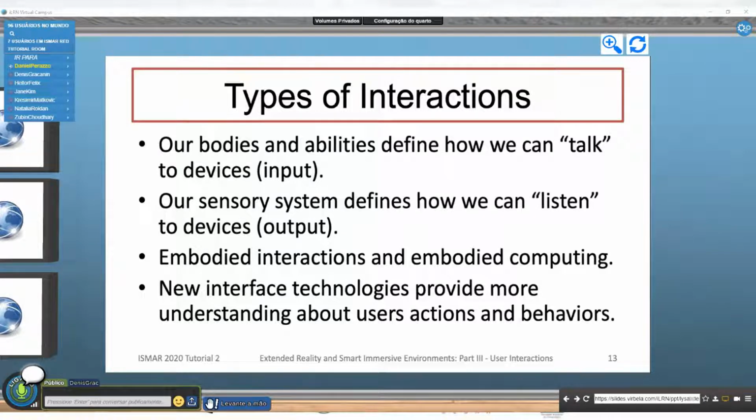That then leads to embodied interactions, and from that perspective, embodied computing. With new interface technologies that are contactless, or let's say eliminate the need to use traditional user input devices, we actually have a better understanding of user actions and behaviors, because we are directly interacting with or observing the user rather than having the device as an intermediary.